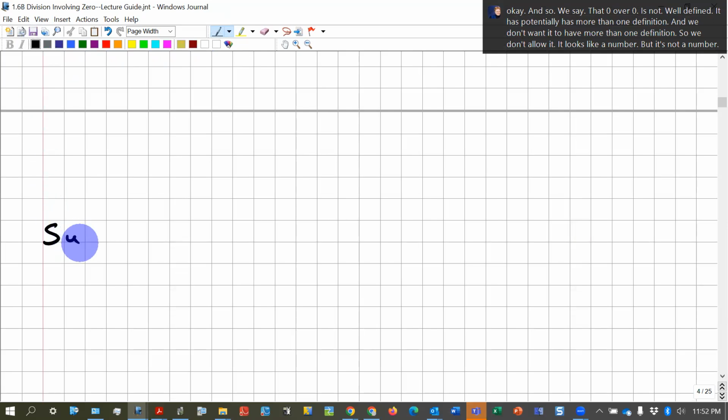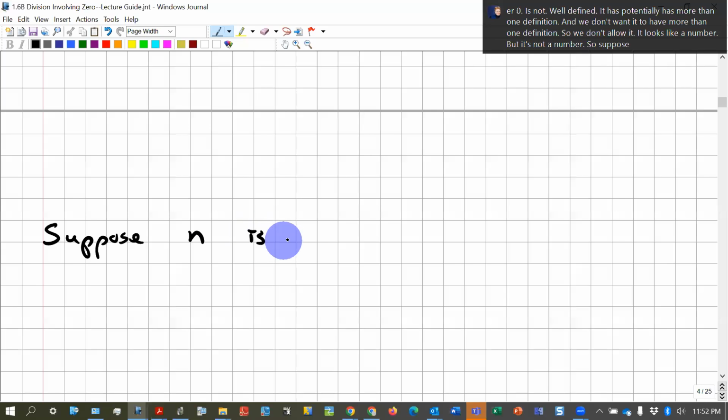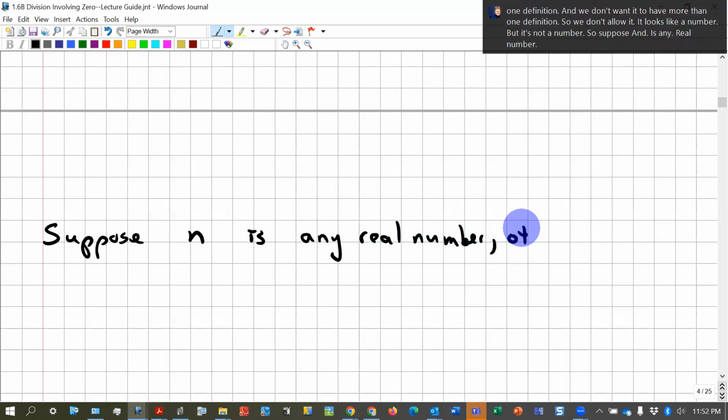So suppose n is any real number other than 0.